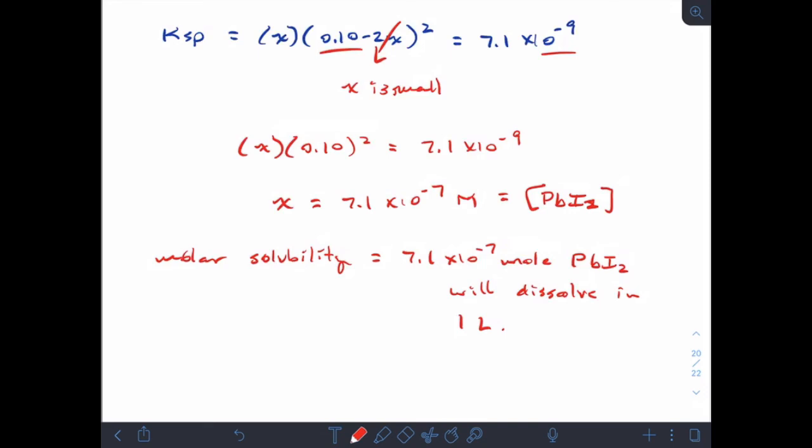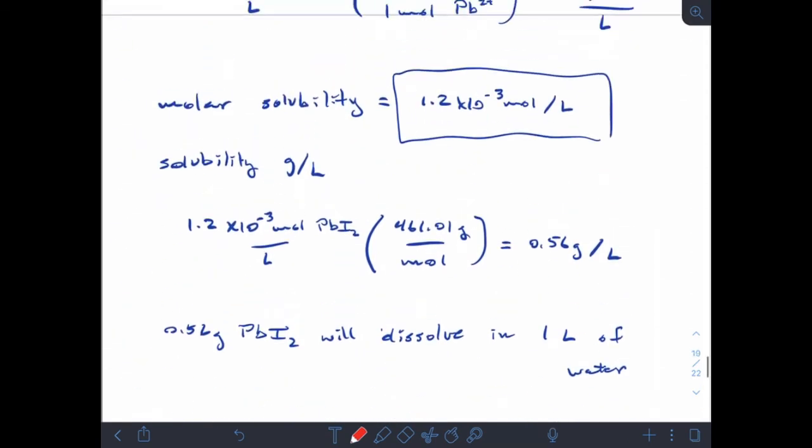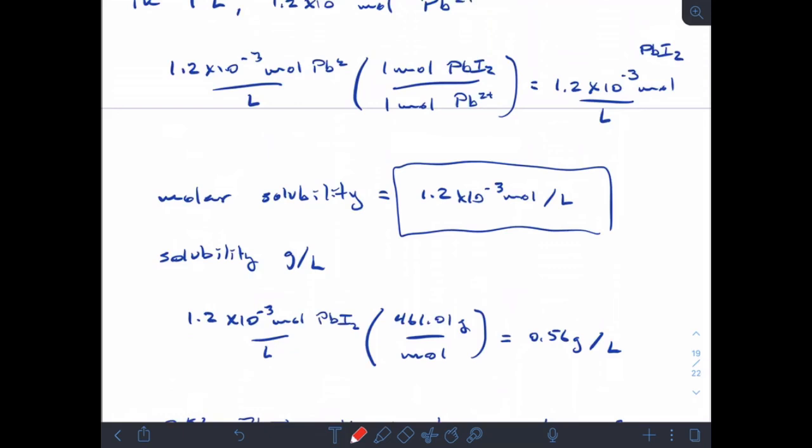Okay, now let's compare, right? So we have 7.1 times 10 to the minus 7 with the presence of iodine, and before we had 1.2 times 10 to the minus 3 when there wasn't anything else there. Right, so we have a four-order-of-magnitude difference in how much lead will dissolve with the presence of another ion there.